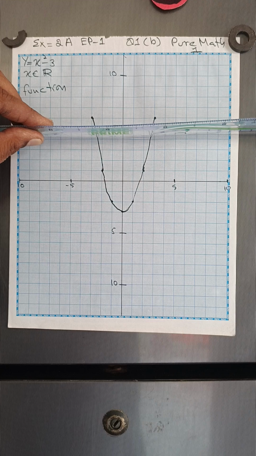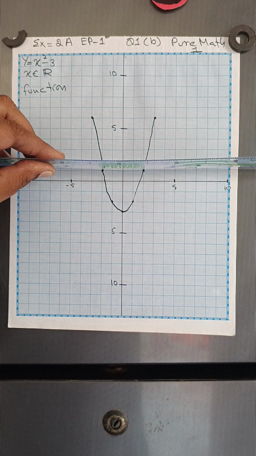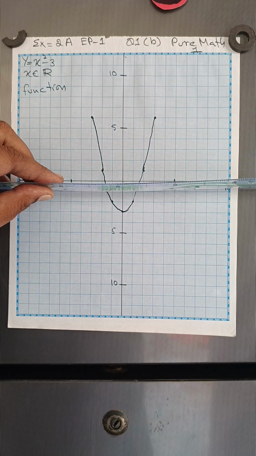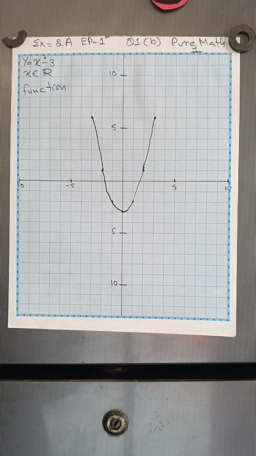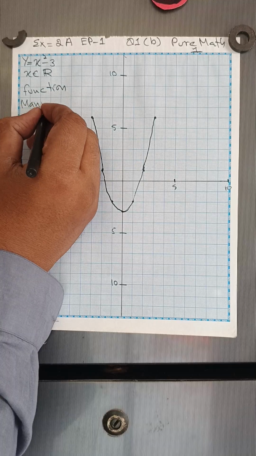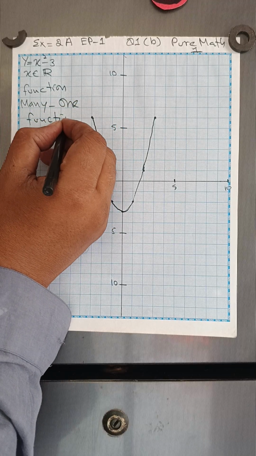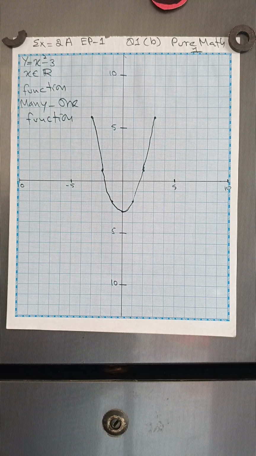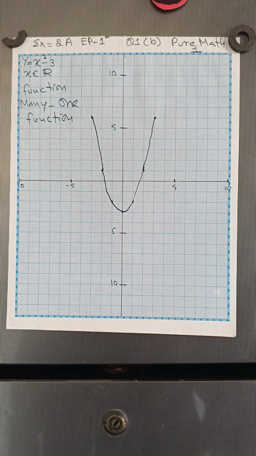So it's a function and it's a many-one function. That means that the same y value will have different x values. Okay, so this is how you will decide whether it's a function.